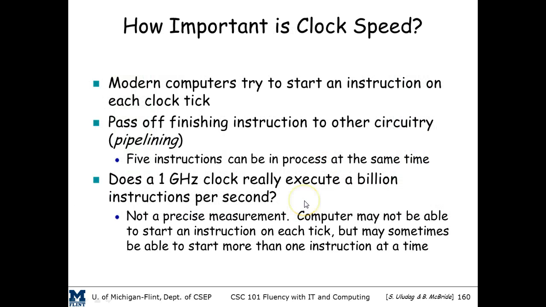Modern computers try to start an instruction on every clock tick, passing off finished instructions to other circuitry as they continue to execute new instructions. We refer to this as pipelining, so that 5 instructions can be processed at the same time, since we have 5 different stages of our fetch execute cycle.